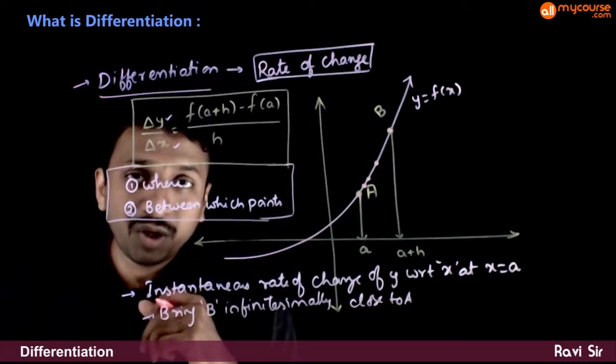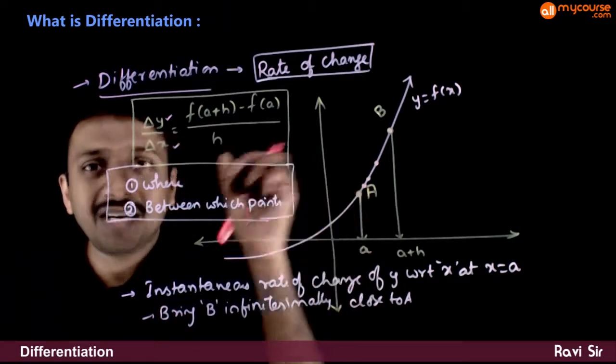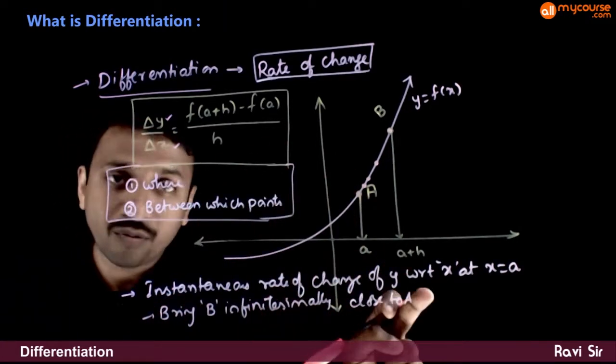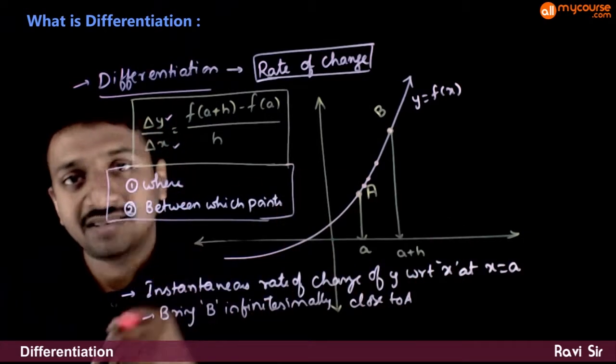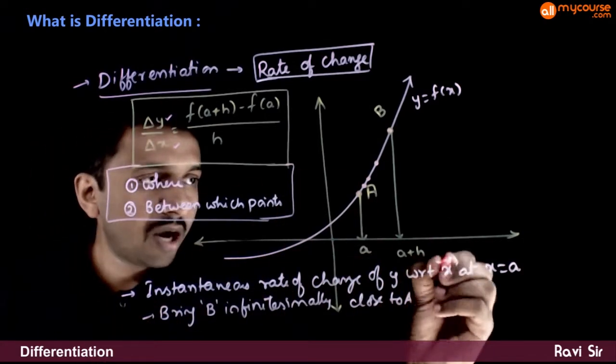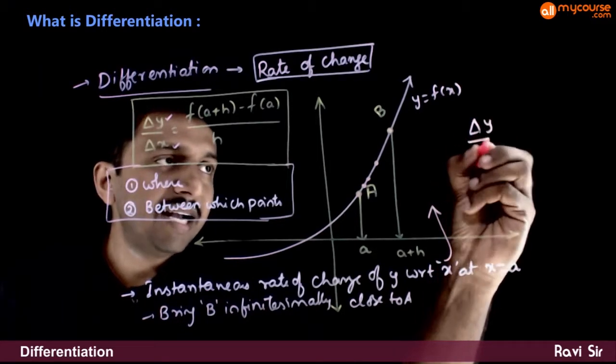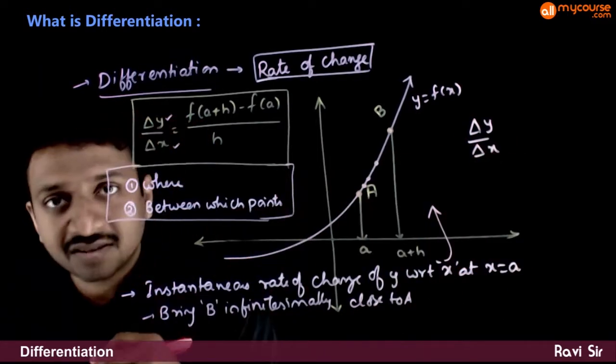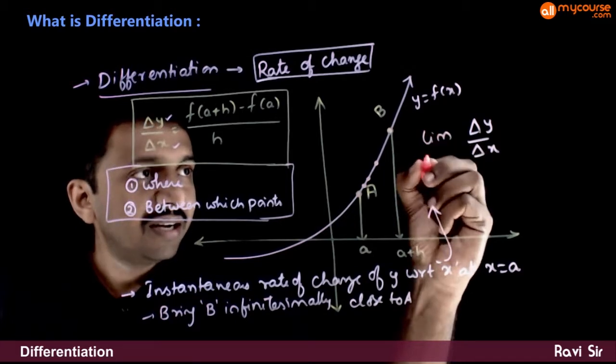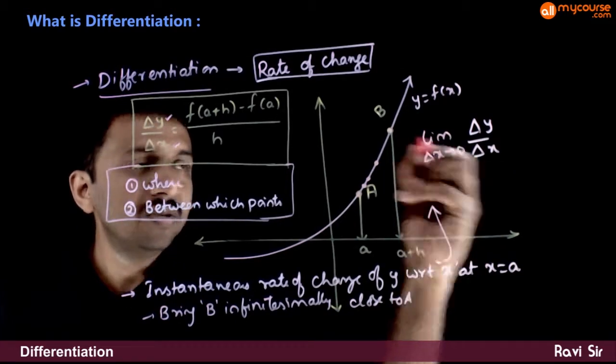So this is what we do when we want the instantaneous rate of change of y with respect to x at x is equal to a. To calculate this, we calculate delta y by delta x in the limit delta x tending to 0.